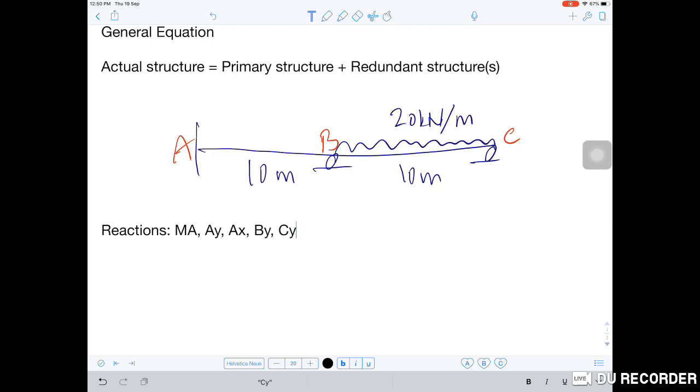This is 5 unknown reactions in this beam.